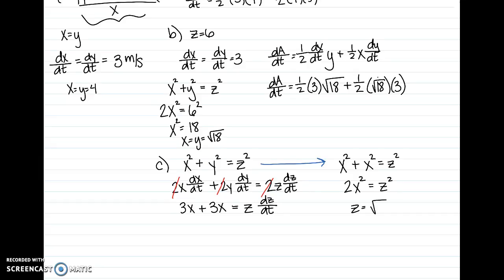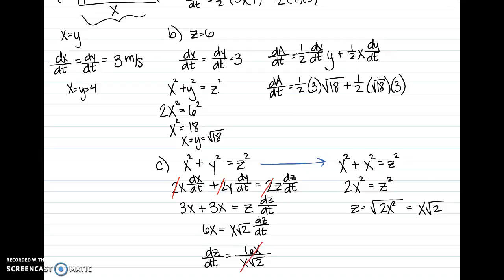So z is the square root of 2x squared, which is x times the square root of 2. So I've got 6x from my 3x plus 3x equals x times the square root of 2 times dz/dt. So if I divide both sides, dz/dt is 6x divided by x times the square root of 2. The x's cancel, and that's how you end up getting just a number, 6 over the square root of 2 for part C.